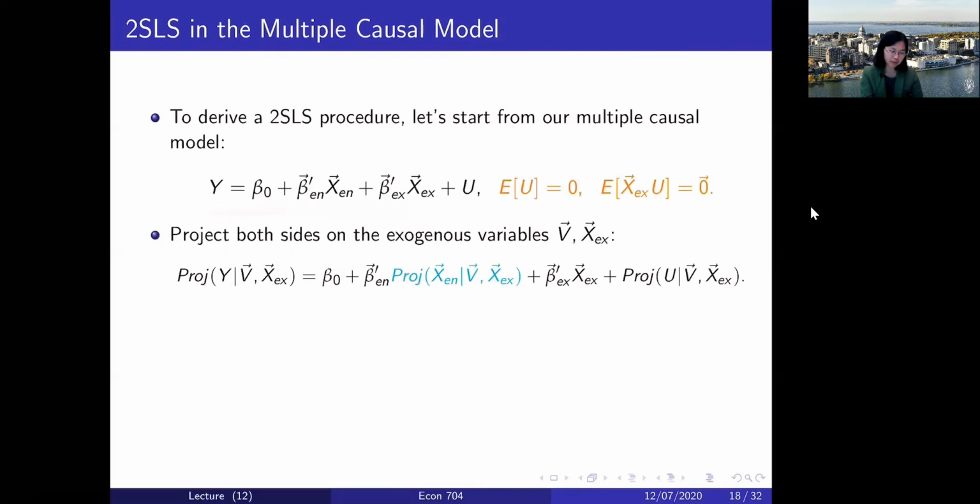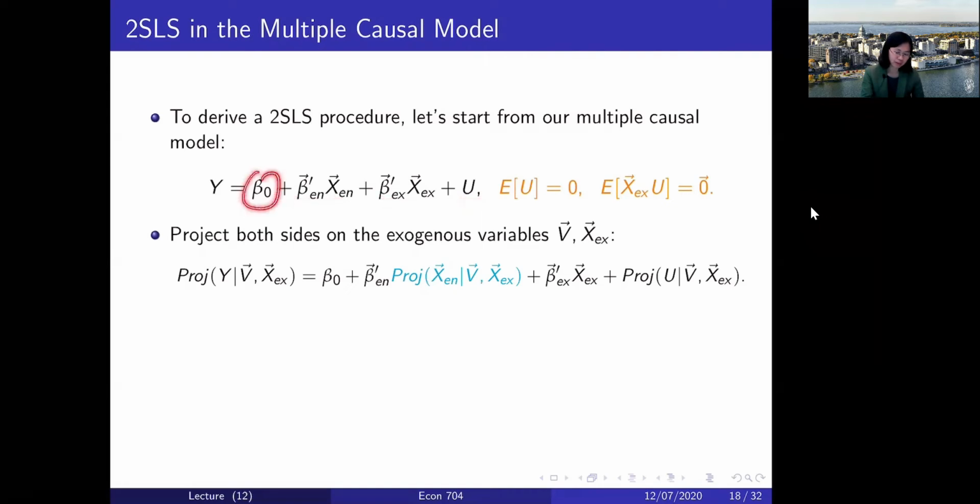We're going to project Y on all the exogenous variables, including the exogenous X and the exogenous instrumental variables. So we project Y on V and the exogenous variable Xex. Doing the projection amounts to doing projection of each term separately and then adding them together.